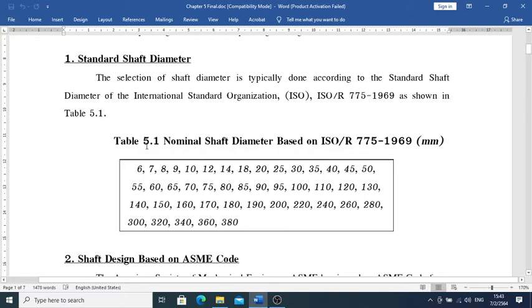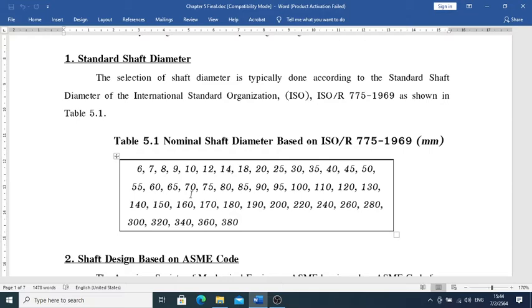So the selection of the shaft nowadays is made based upon these diameters. You have to be careful, because the size of the shaft diameter has to be consistent with the bearings and the associated parts, like the pulley diameter and the associated bearings. We will study that in the same manner.